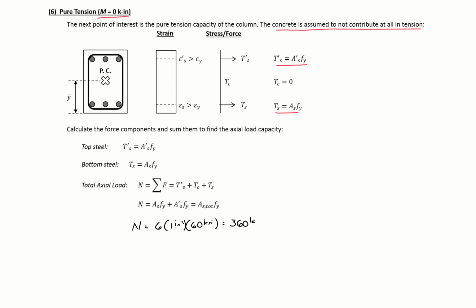And we know at this point that we don't have any moment. So this is our force and moment for our next point. We also know that we don't have any curvature at this point because there's no slope to our strain diagram. So our curvature is also equal to 0.